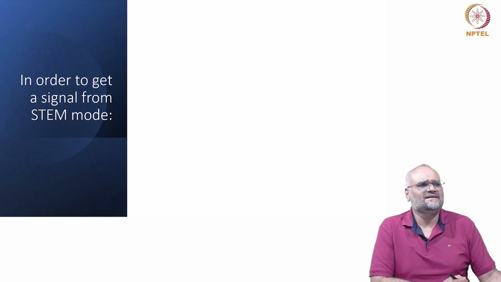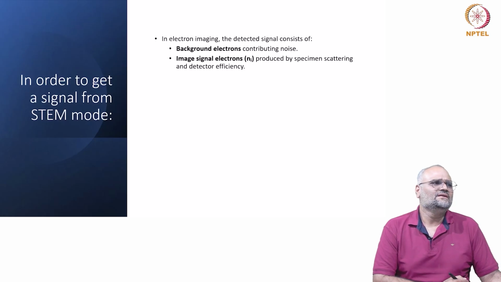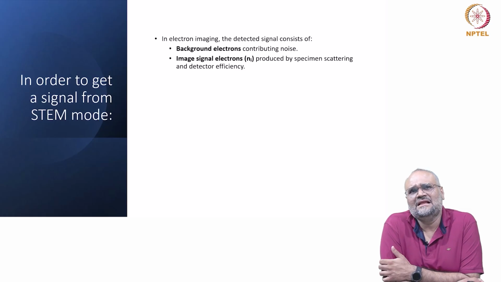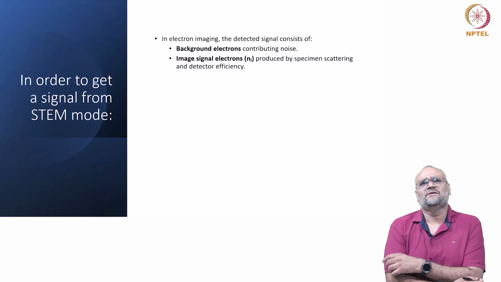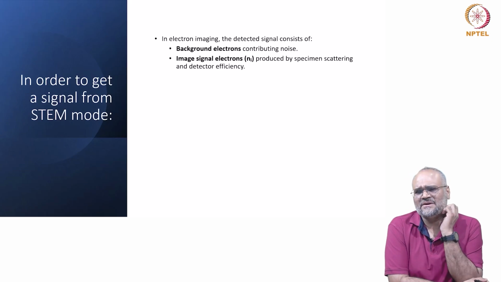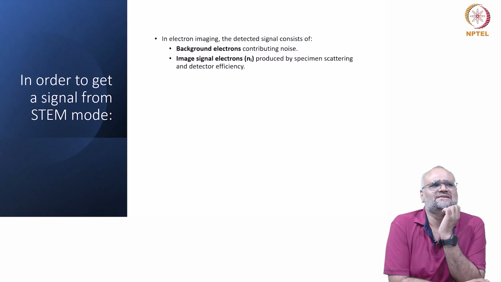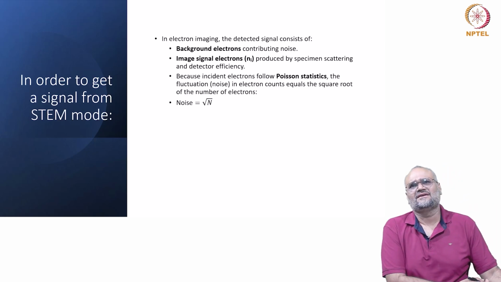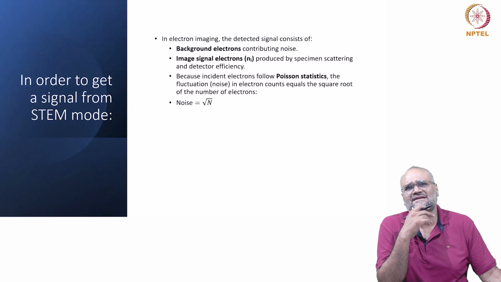In order to get a signal from STEM mode, the background electrons actually contribute to the noise. The image electrons, you should have a particular number. Typically, if you have a signal to noise ratio of 5, you consider it as good enough, because all these scattered electrons kind of follow the Poisson statistics.